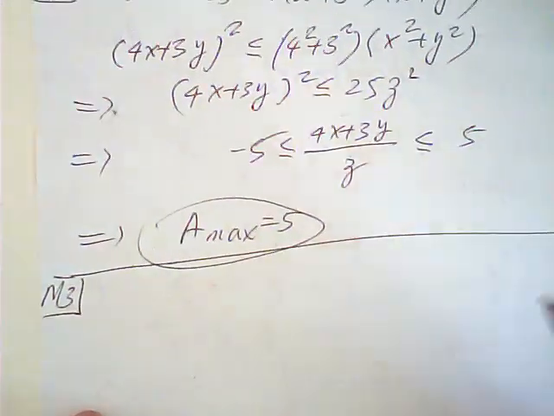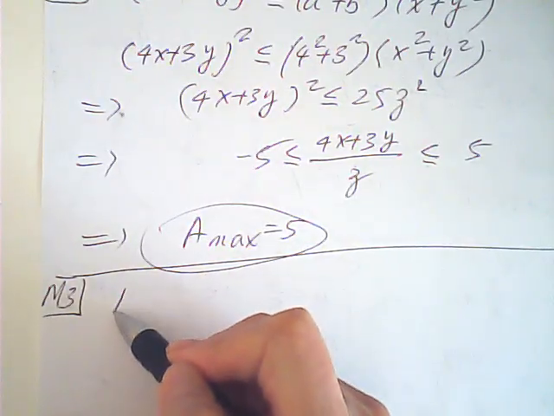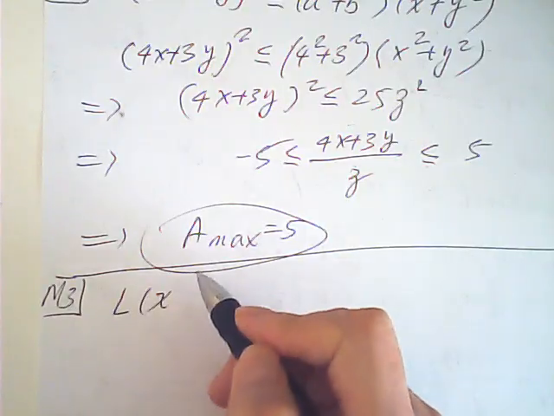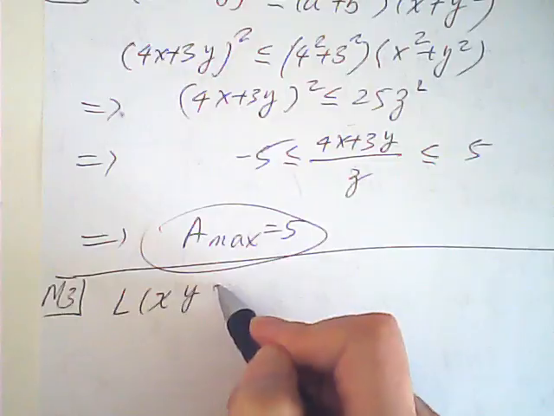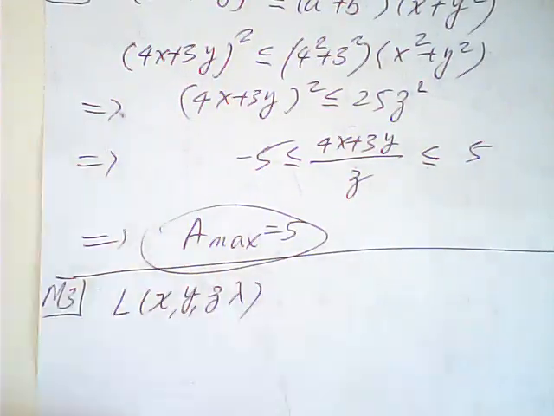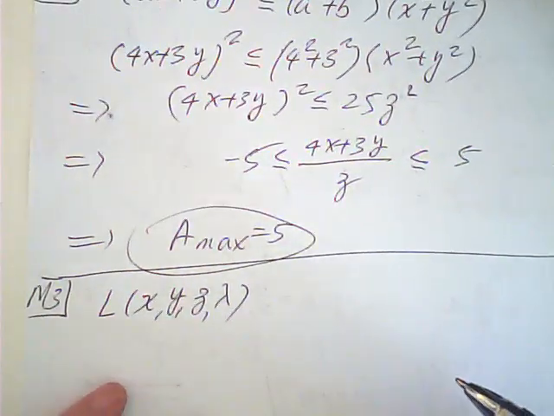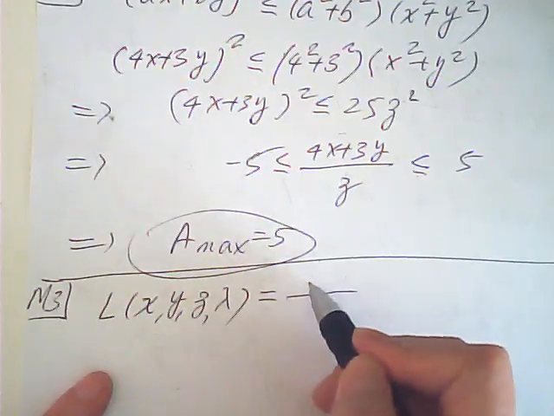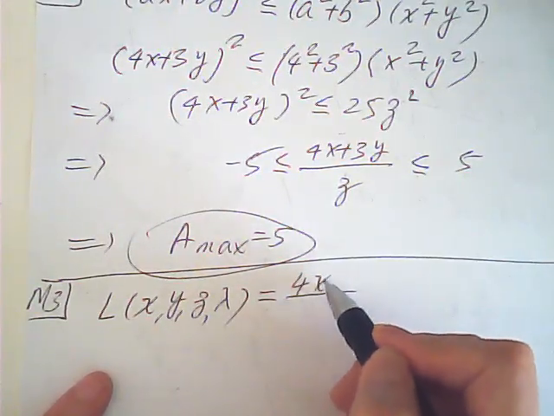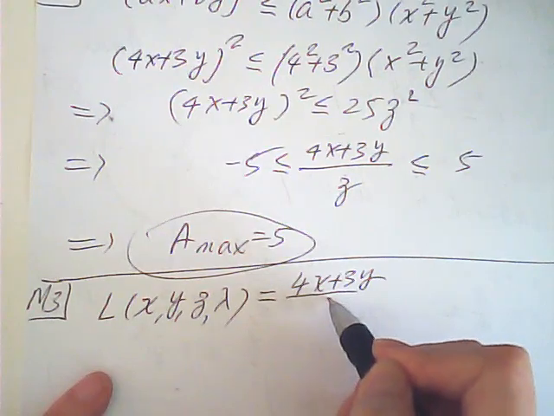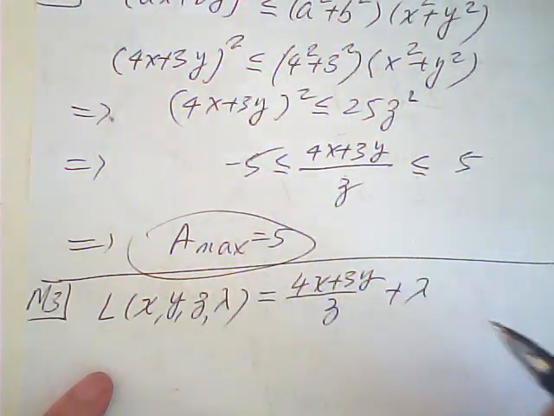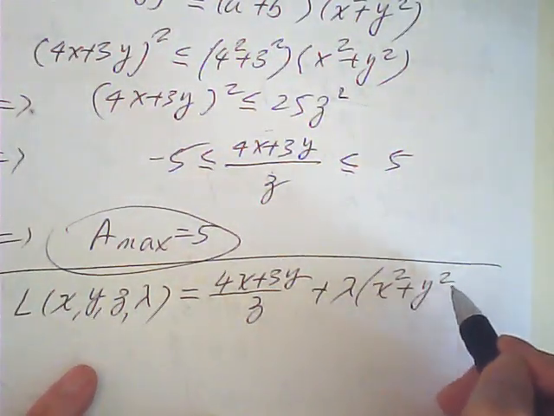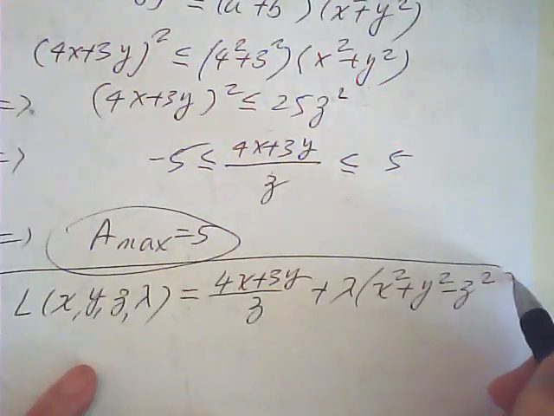For Lagrange multipliers, first we have to establish a multivariable function, which is this: L of x, y, z, and lambda, which is equal to (4x plus 3y) over z plus lambda times (x squared plus y squared minus z squared).